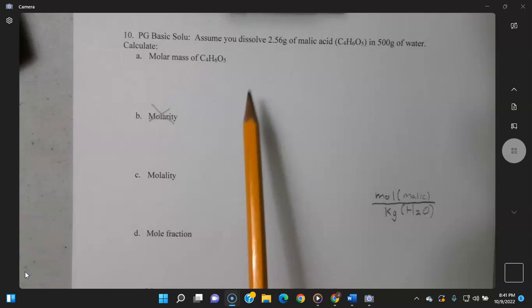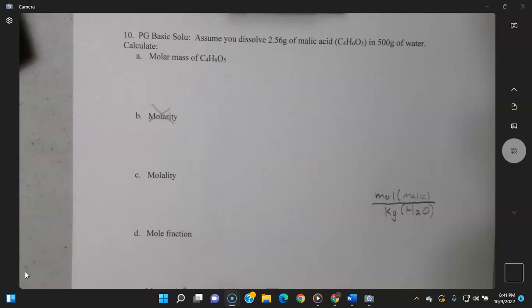So you're going to skip B, you're going to do A, you're going to do C, and then finally mole fraction. What you're going to do is turn kilograms into moles, so that's a two-step process. You've got some number of moles of malic acid for every 1 kilogram of H2O. You'll end up memorizing this number, but I don't expect you to memorize it, and that's not really the purpose of this assignment.